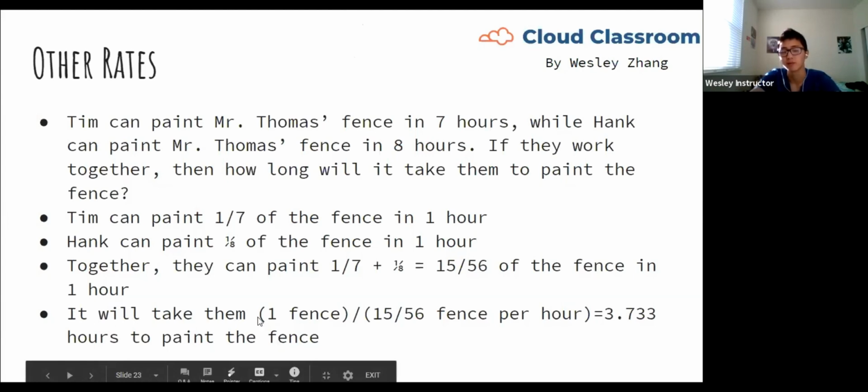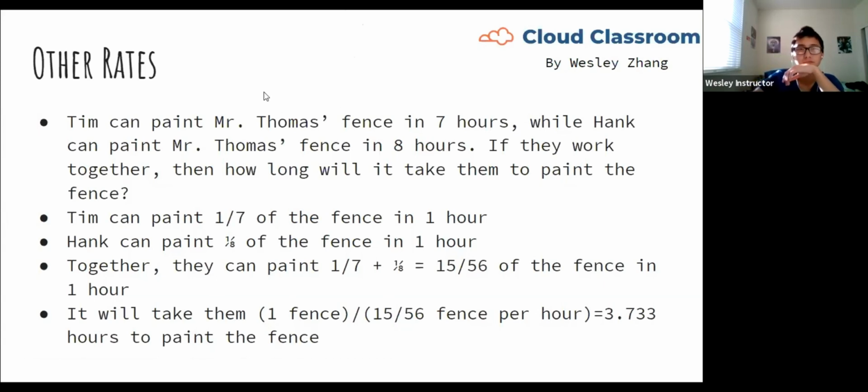So it will take them 1 fence divided by the rate, 15/56 fence per hour, and that equals 3.733 hours to paint the fence. So here, you find how much fence they can paint together, and then just divide the total fence by the rate to see how many hours it takes them.